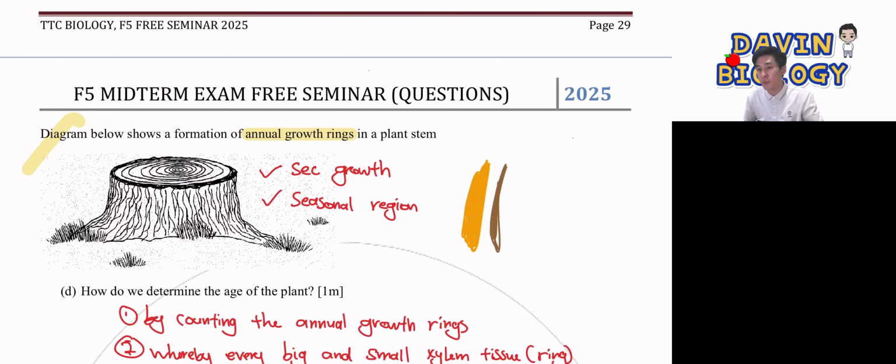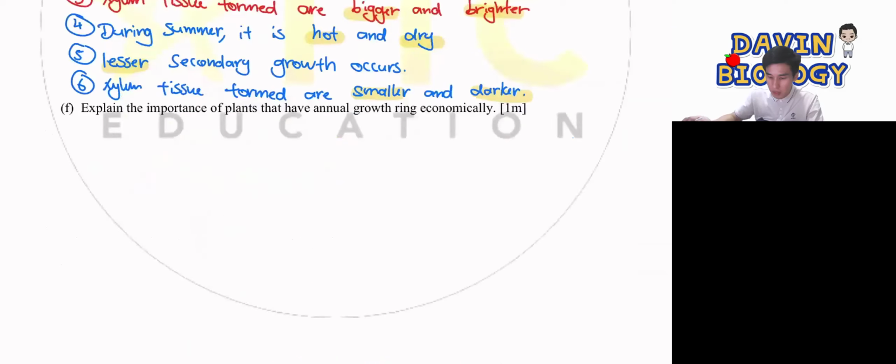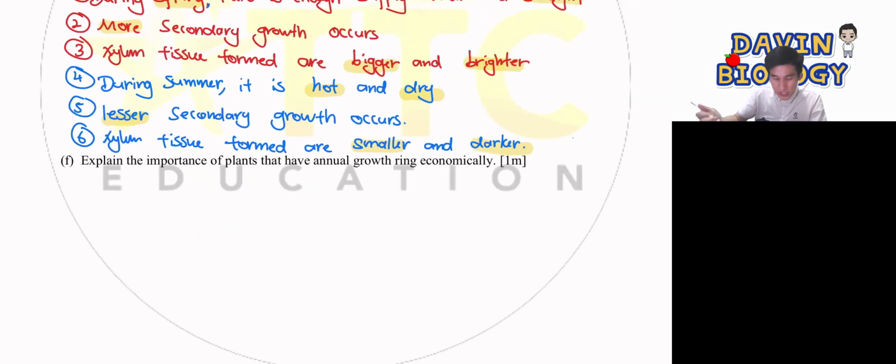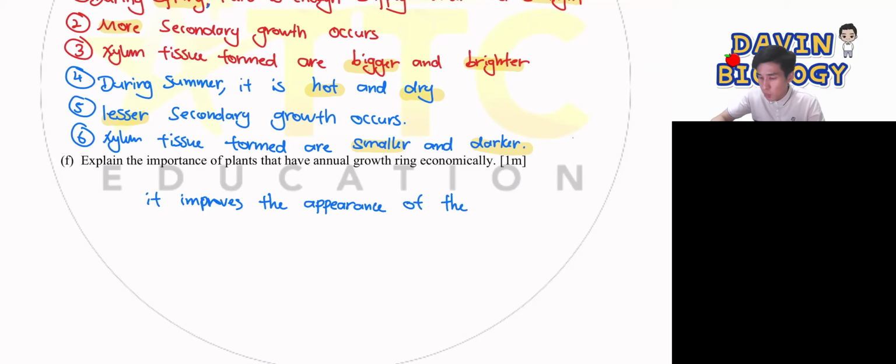Those are annual growth rings, which improve the appearance of the wood. So the importance is, you can say, it improves the appearance of the wood.